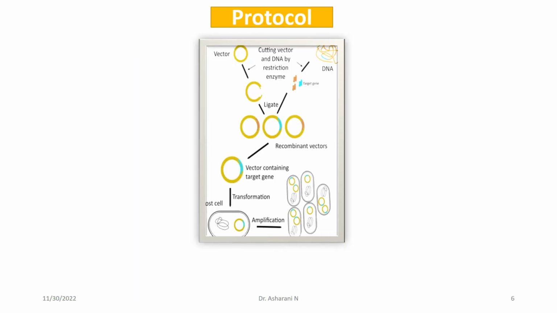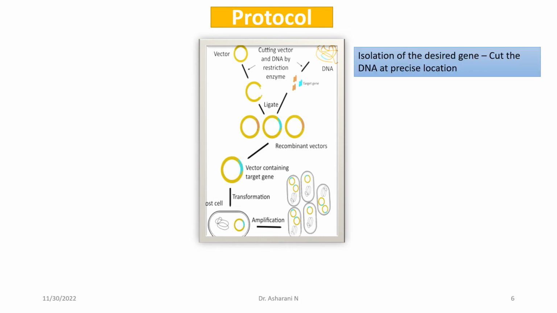Now we will see the protocol of rDNA technology. To start with, we have to isolate the DNA. This DNA is fragmented by restriction endonucleases, where we get a desired gene or DNA fragment.